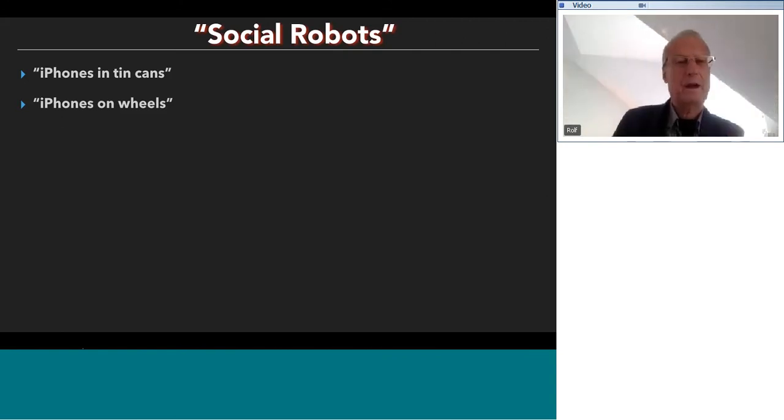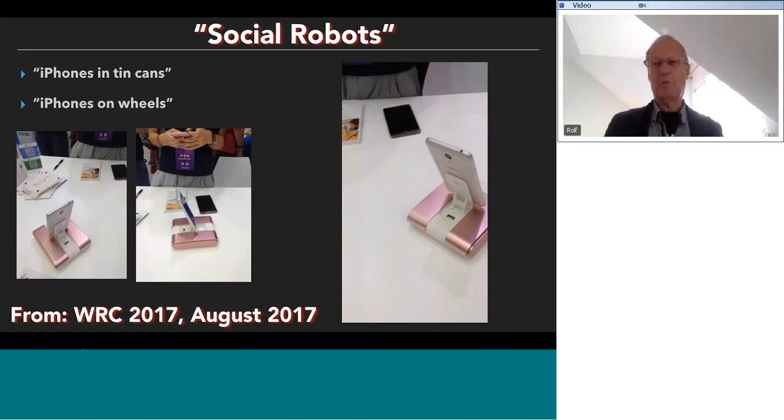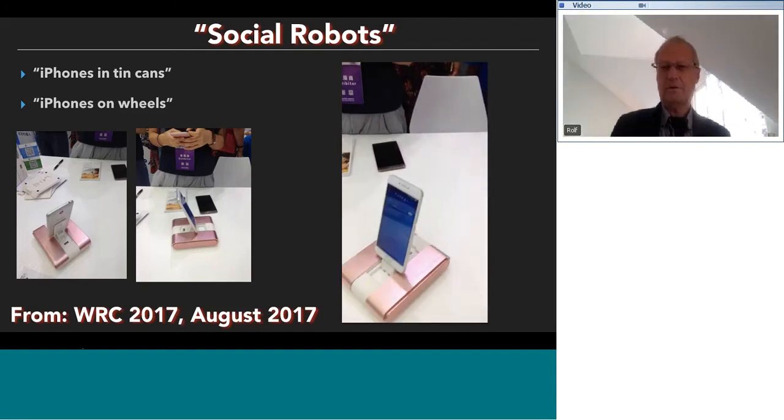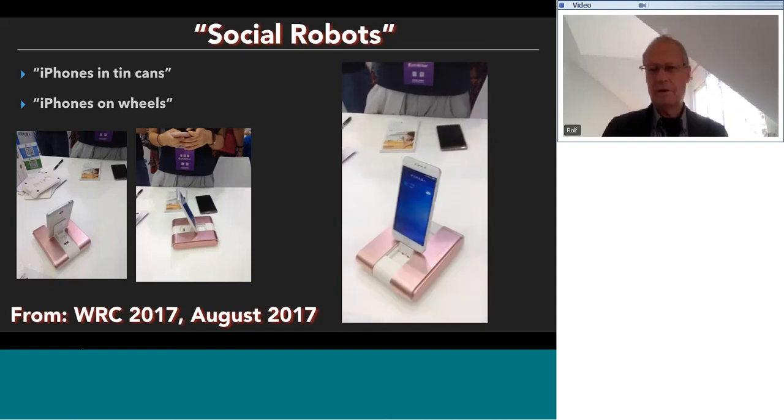Okay, iPhones in tin cans, iPhones on wheels. Then at the World Robot Conference in Beijing, I came across this robot, which I think is a very honest one, because this is really, indeed, an iPhone on wheels. It has the functionality of an iPhone.